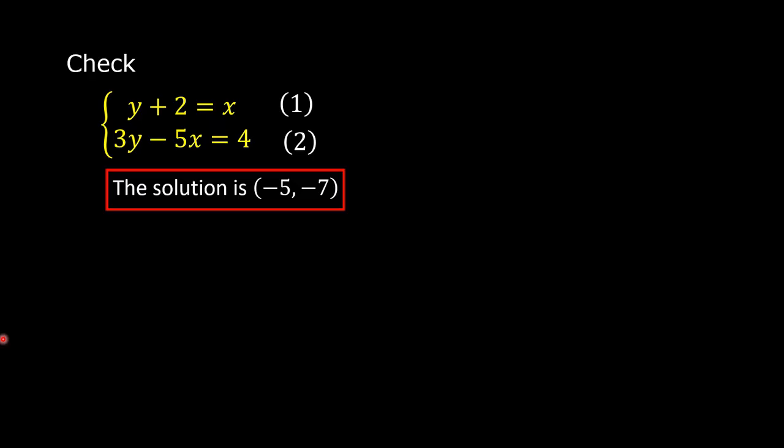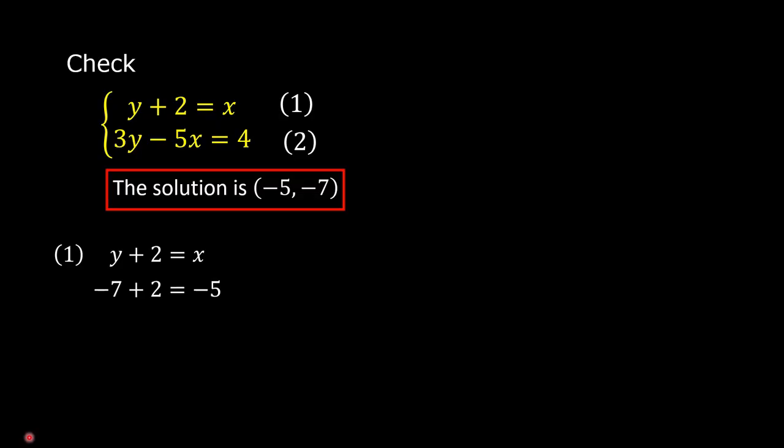Let us start from the first equation or equation 1. Equation 1 is y plus 2 is equal to x. We substitute negative 5 for x and negative 7 for y. So we have now negative 7 plus 2 is equal to negative 5.